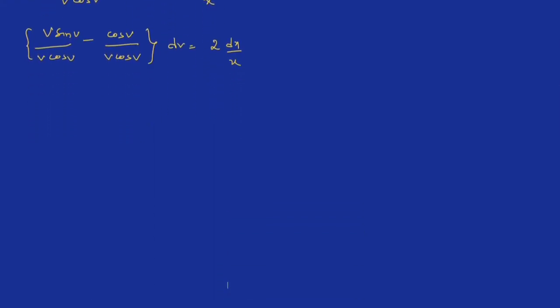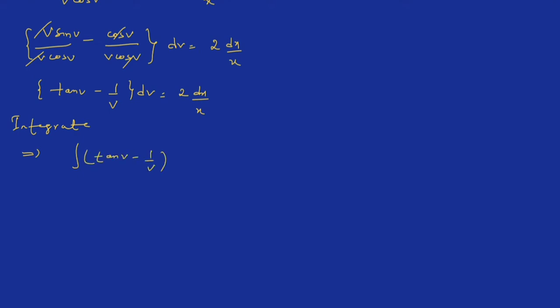Now v gets cancelled from both terms here, and cos v gets cancelled here. The remaining term is tan v, since sin v by cos v is tan v, minus 1 by v dv, which is equal to 2 times dx upon x, right? So now integrate, which implies the integration of (tan v minus 1 by v) dv is equal to 2 times the integration of dx upon x.